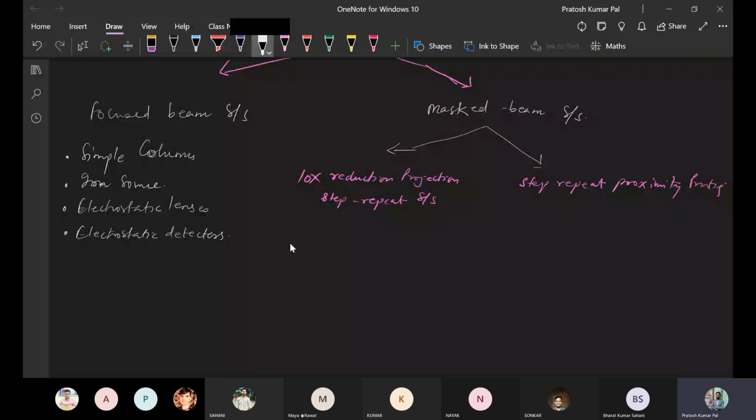The next one is step repeat proximity printing. In this case of proximity printing, we will be providing 300 kilo electron volt protons, projected through a 0.5 micrometer thick portion of silicon mask.